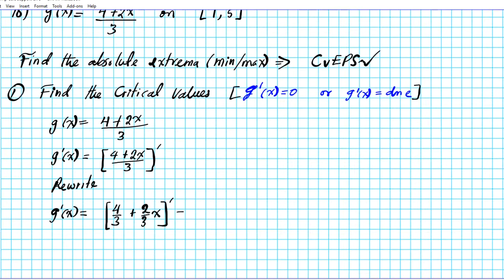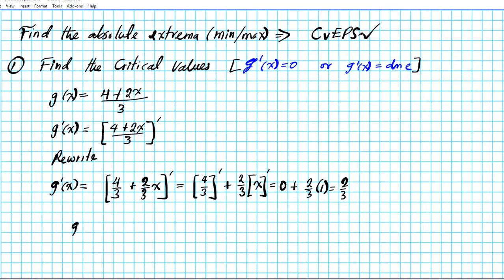If you differentiate this term by term, you look for the derivative of 4/3, apply the power rule there, and then you can factor out 2/3 and find the derivative of x. We don't have to use the quotient rule. This is a constant, so the derivative is 0. Plus, if you differentiate x, you get 1, so plus 2/3 times 1. The derivative here is 2 over 3. Alright, so we have now found the derivative: g prime of x is equal to 2 over 3.